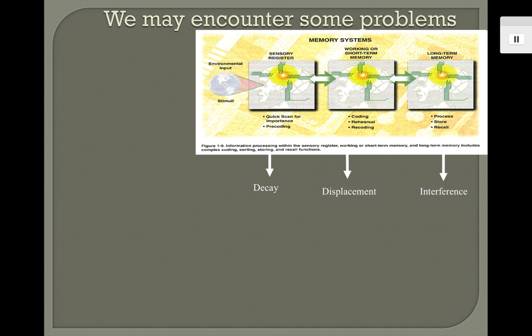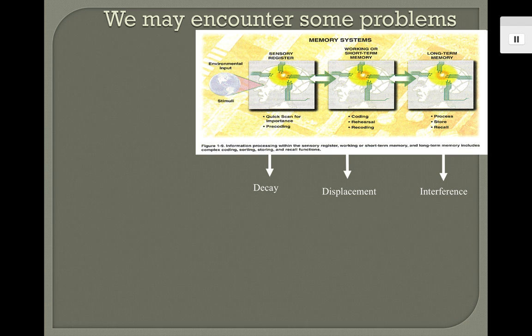But yet, at the short-term memory spot and also at the long-term memory spot, we may have some issues. At the short-term memory spot, we may potentially have some displacement occur. And remember, with displacement, essentially we have faulty storage or retrieval that's potentially occurring. So in other words, you're not accessing the right information, or potentially the way that you stored the information may also be wrong. Now, at the long-term memory stage, what may potentially be happening here?